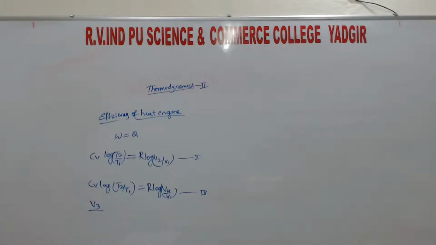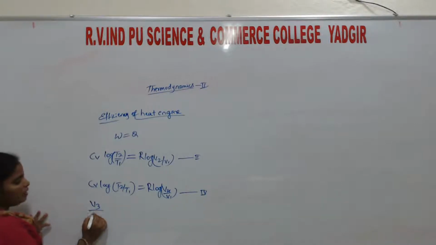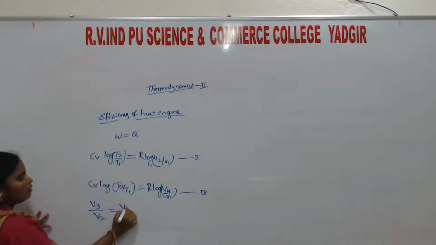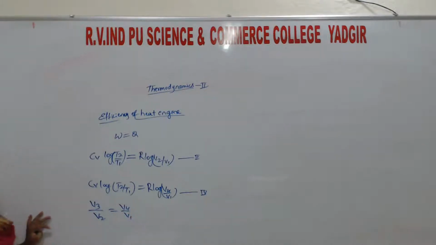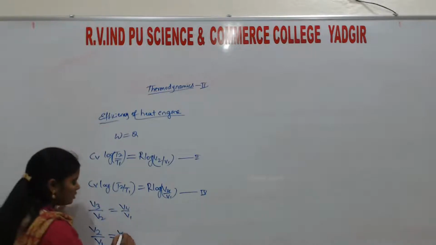V3 by V2 is equal to V4 by V1. Then, taking V2 to this side, V2 by V1 is equal to V3 by V4.